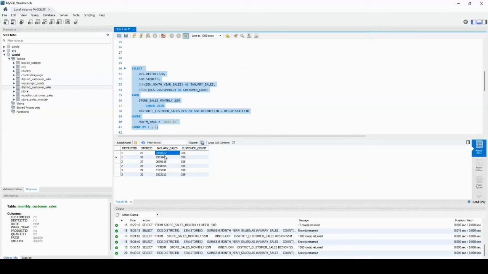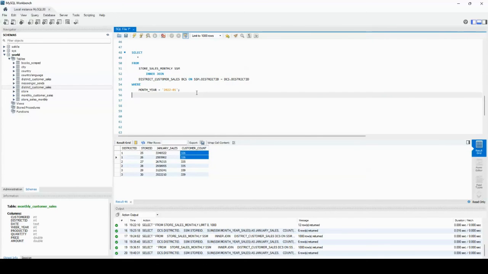That's why we got those super high numbers for sales: it was multiplying for each customer, because that's at a lower level of granularity. Remember, customer ID is lower than store ID, so it's going to count them multiple times in that January sales column. And for the customer count, it's going to count them once per store. Since we don't know the store in just the district, it's not going to make a distinction for us.